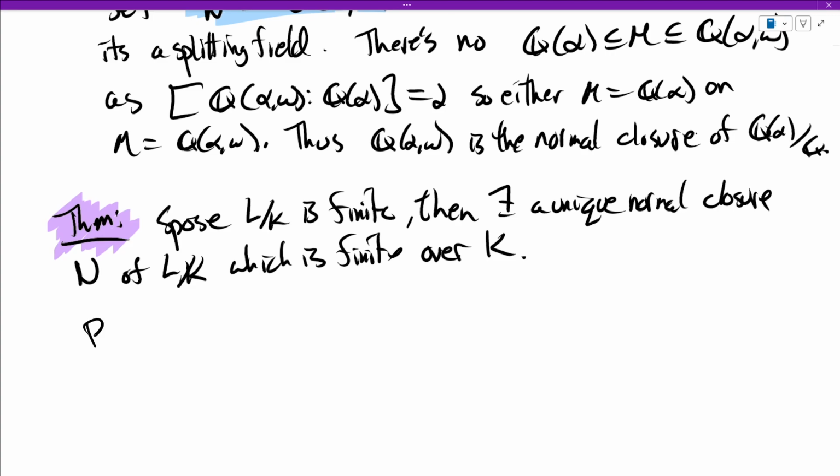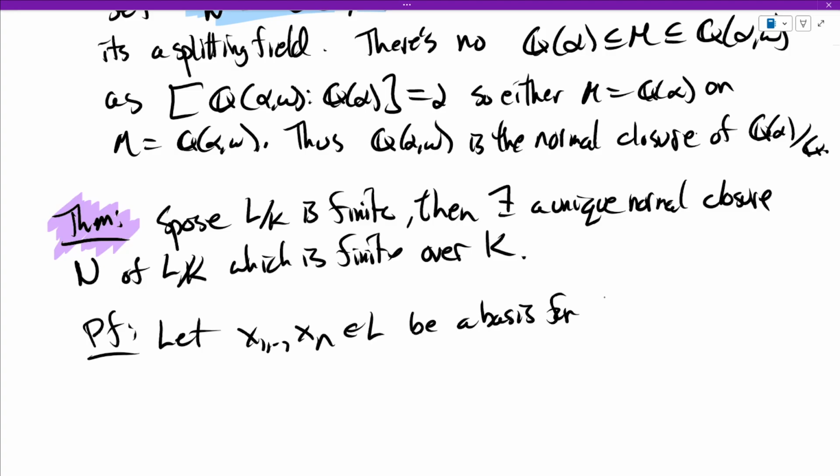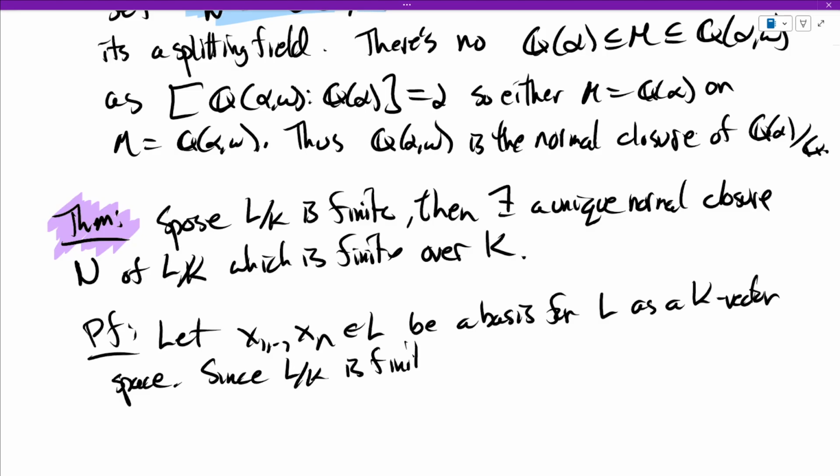Proof. Since L over K is finite, there's finitely many elements in a basis. Let these, x1 through xn in L, be a basis for L as a K vector space. Since it's finite, each of x1 through xn is algebraic.